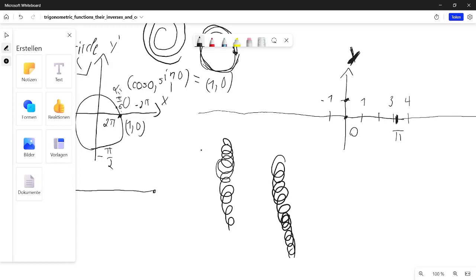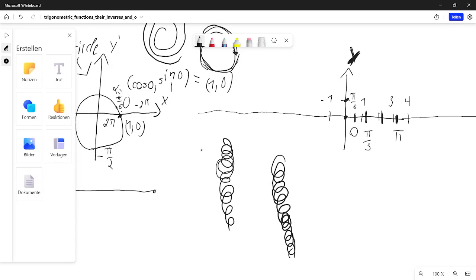Then we have pi divided by 6. Well, there are too many vertical lines now. Okay, let me say that this is approximately pi divided by 6. Of course, not quite neatly drawn.